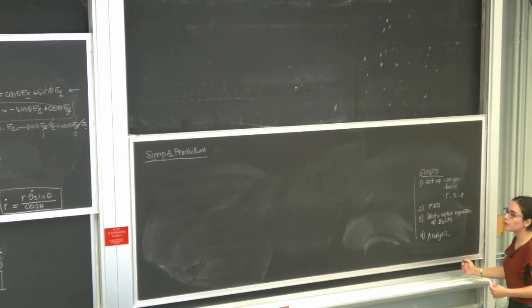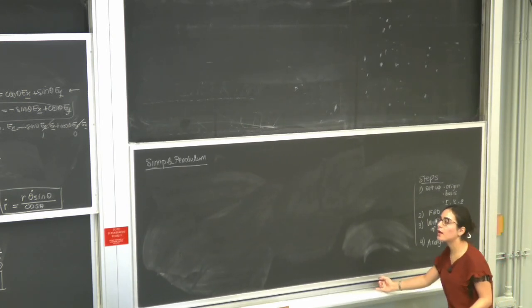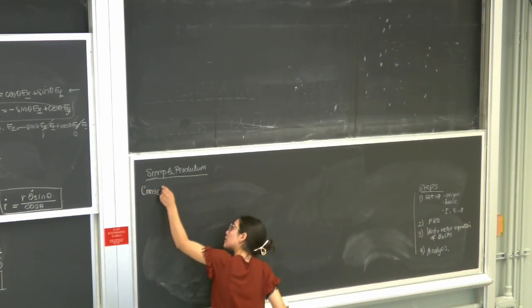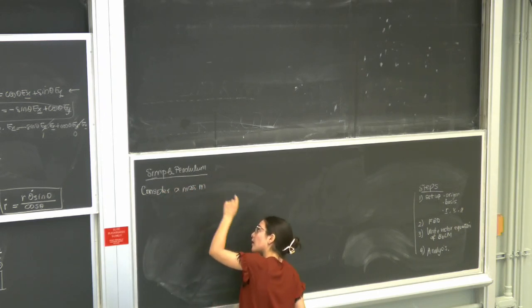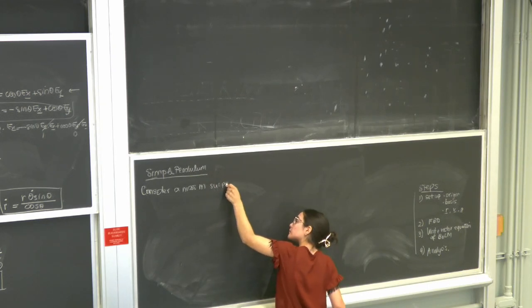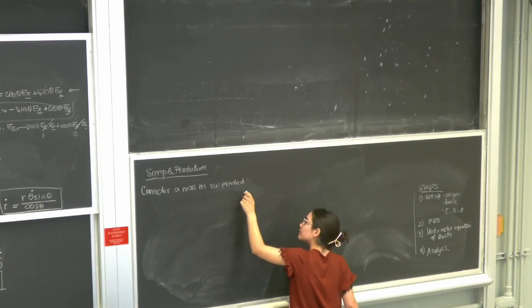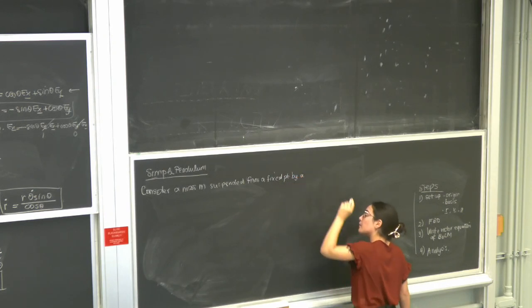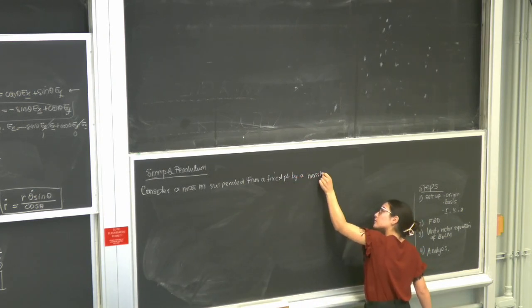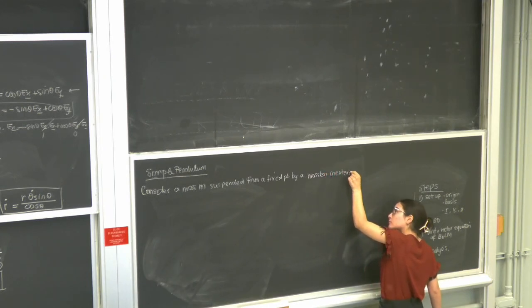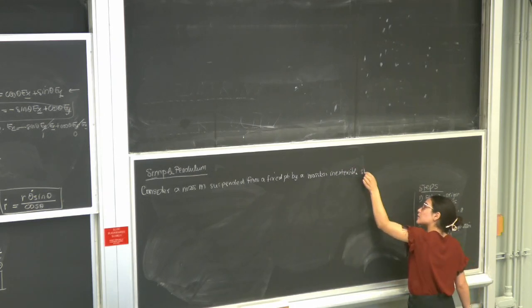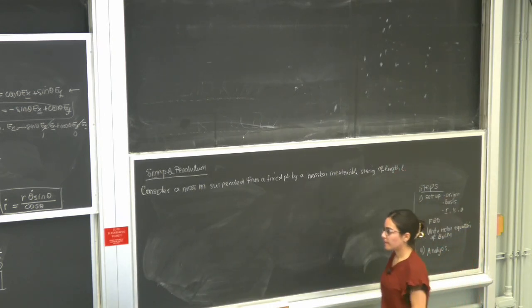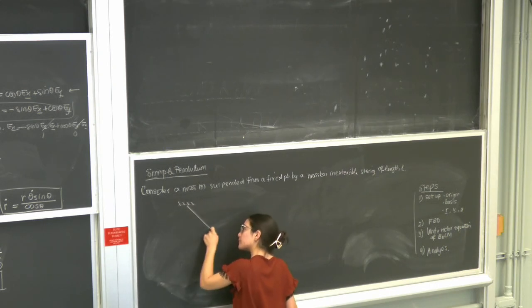Let's do this. So consider a simple pendulum. Consider a particle of mass m suspended from a fixed point by a massless inextensible string of length L. And this is our figure.